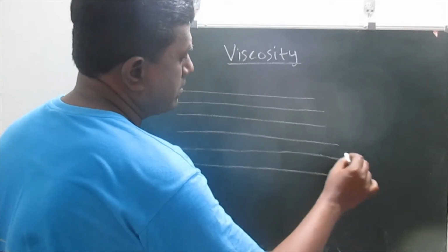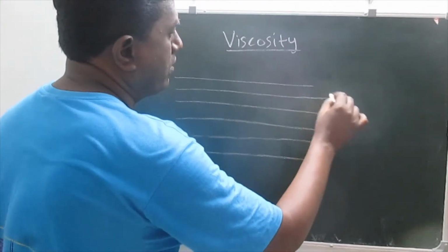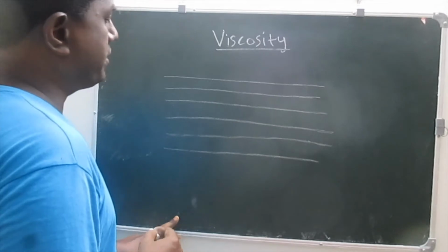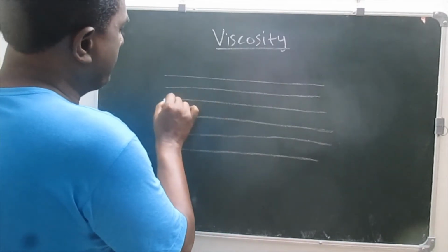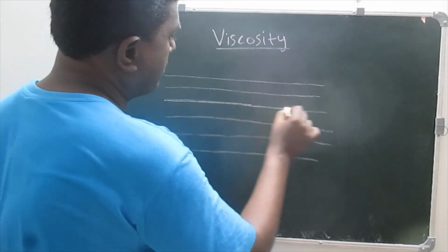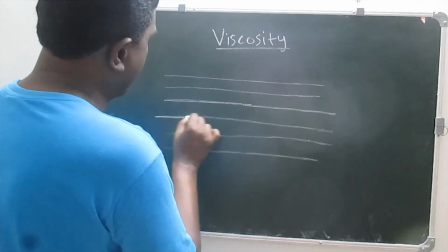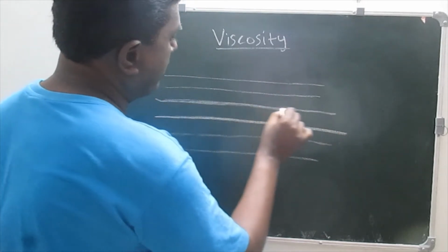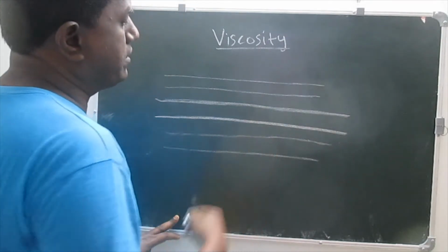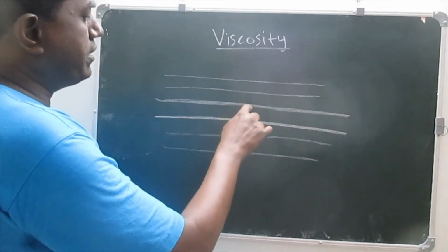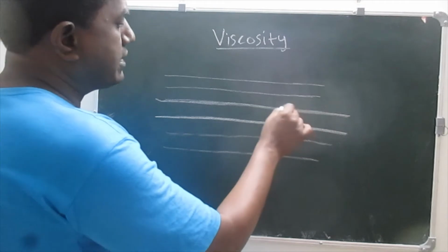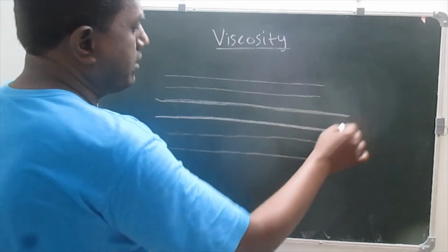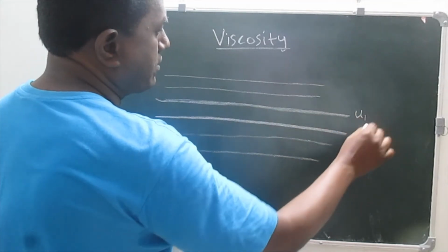If you consider any two layers in the fluid flow, each layer has a different velocity. This layer will have one velocity, and this layer will have another velocity.